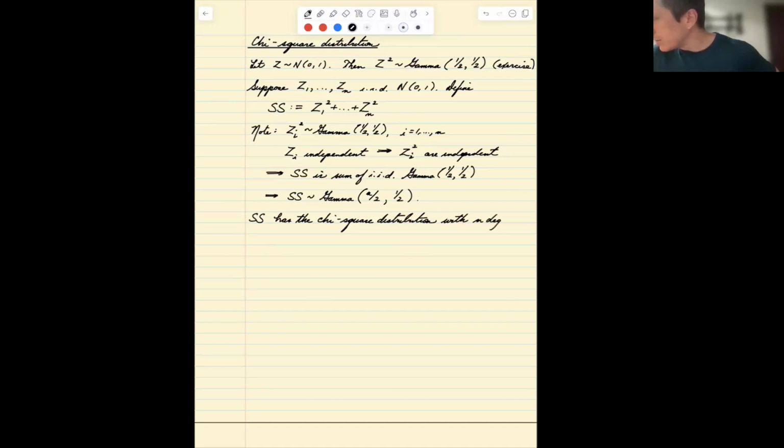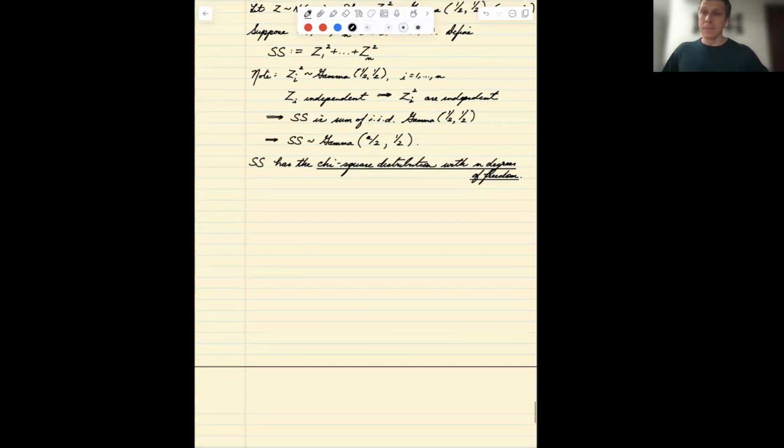N degrees of freedom means it's really a distribution with parameter n, but in this case, the parameter is called the degrees of freedom, and n comes from the number of standard normals that we're adding up to get the sum of squares. And we write this as SS ~ chi-squared subscript n, for n degrees of freedom.